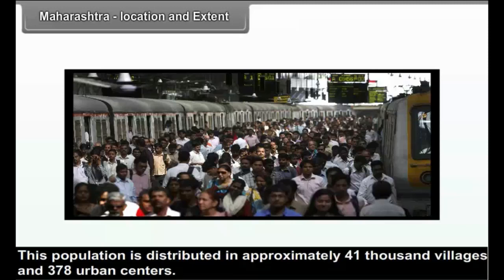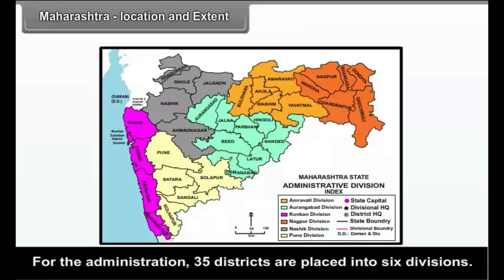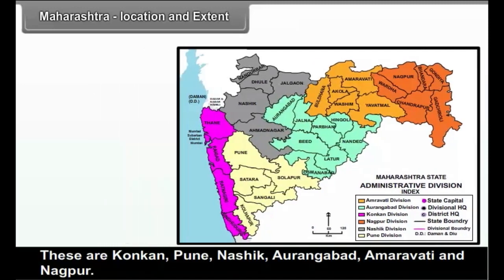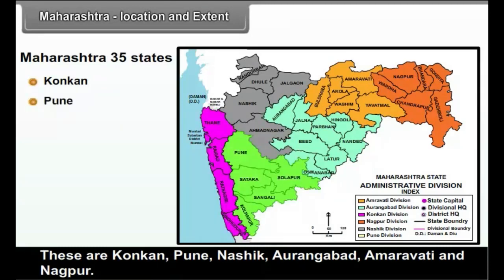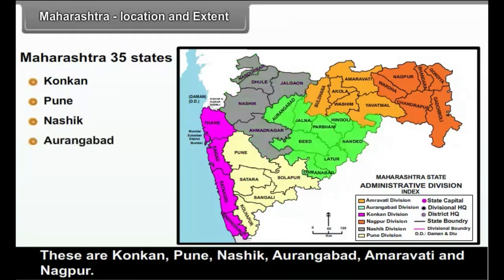This population is distributed in approximately 41,000 villages and 378 urban centers. For the administration, 35 districts are placed into 6 divisions. These are Konkan, Pune, Nasik, Aurangabad, Amravati and Nagpur.